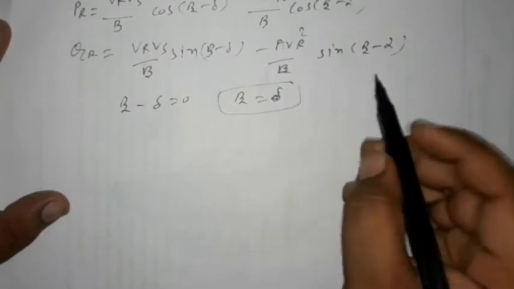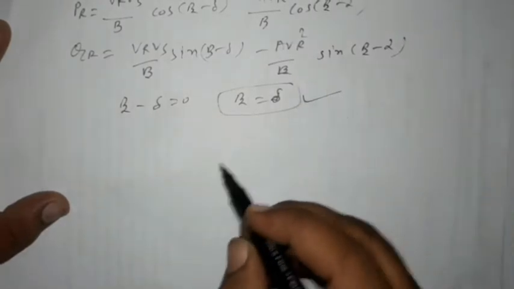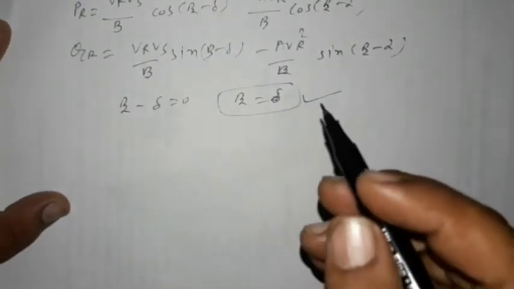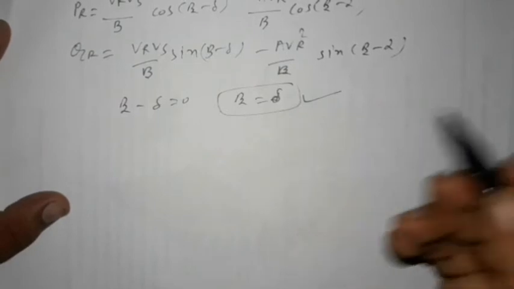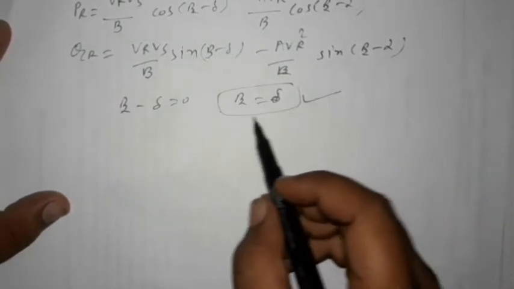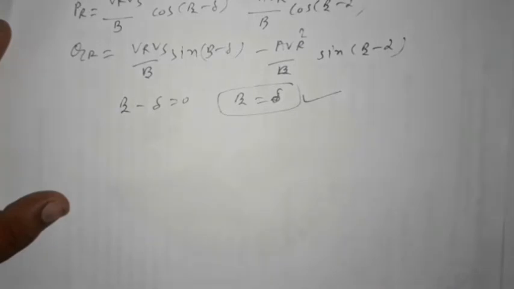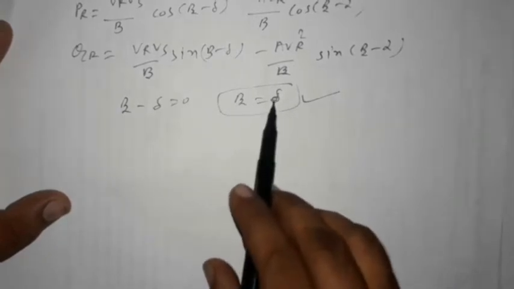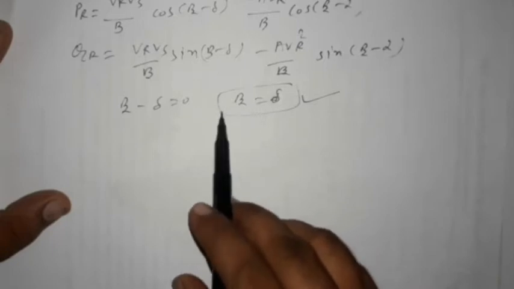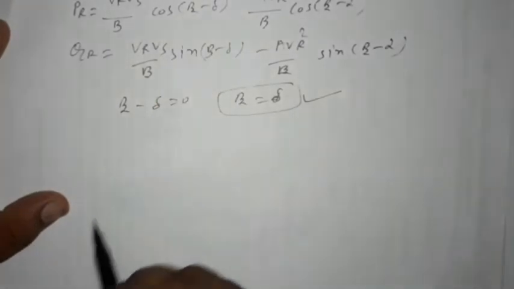So if beta is equal to delta, we obtain the maximum value of power at the receiving end. So this is the condition to find the maximum power at the receiving end: beta is equal to delta. So we put here beta is equal to delta.